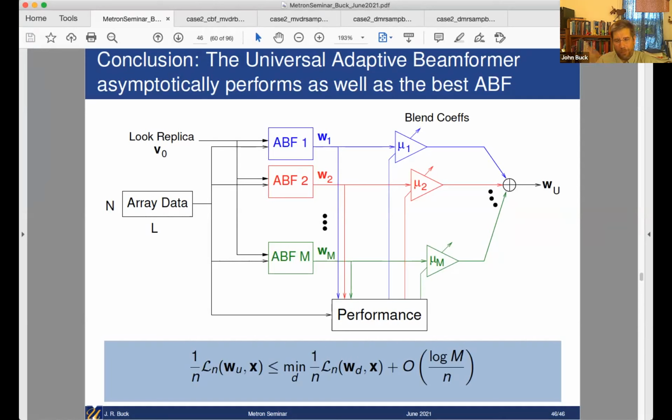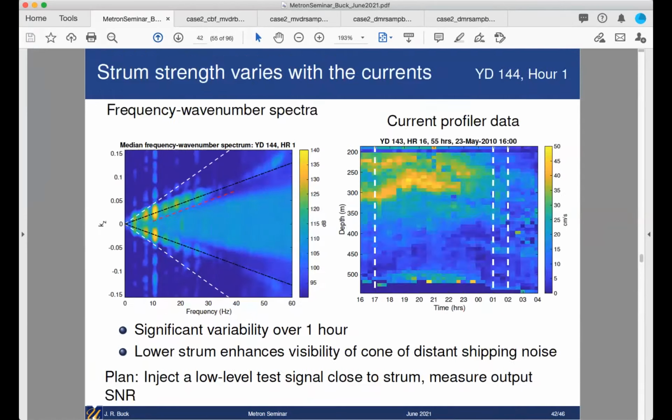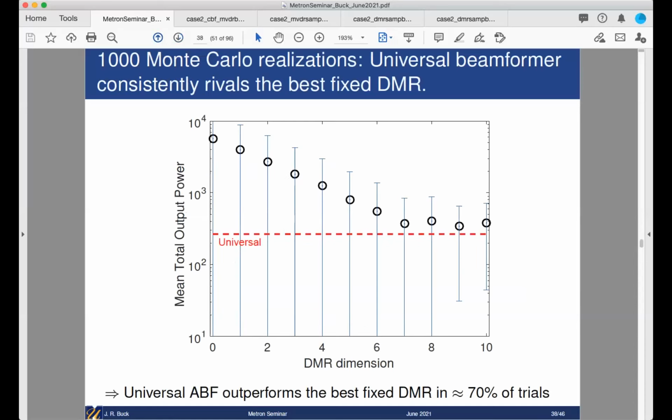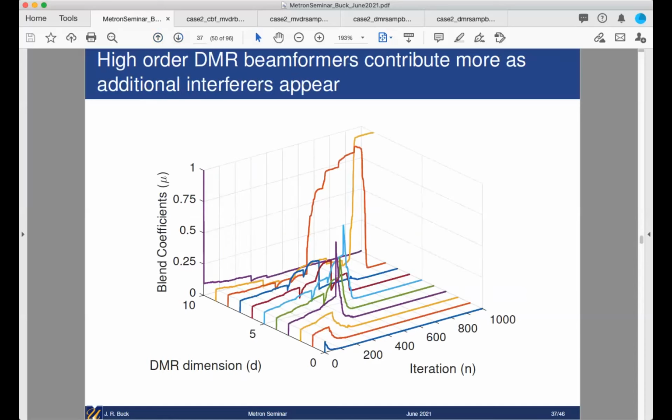If you go back to slide 39. There's an interesting pattern in this evolution of your blend coefficients. It was in the simulation before you went to the PhilSea data set. Stop, yeah.